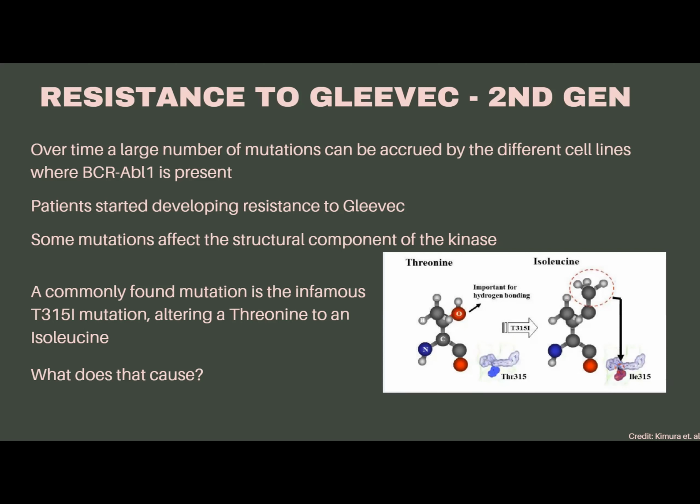No. It's because once you substitute a polar, phosphate-receiving, electron-carrying threonine for a nonpolar isoleucine, you lose the binding capacity of Gleevec. So you are no longer able to form your non-covalent interactions to where Gleevec binds. And all of a sudden, you cannot bind anymore.